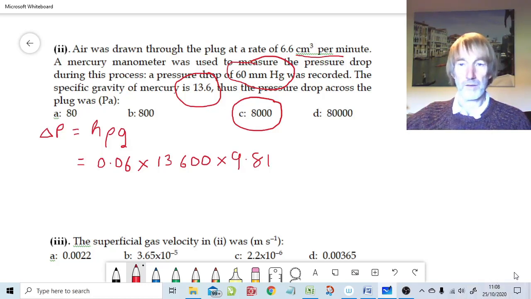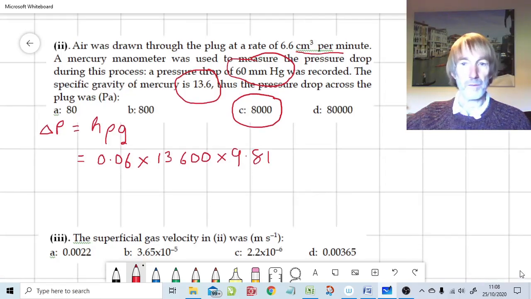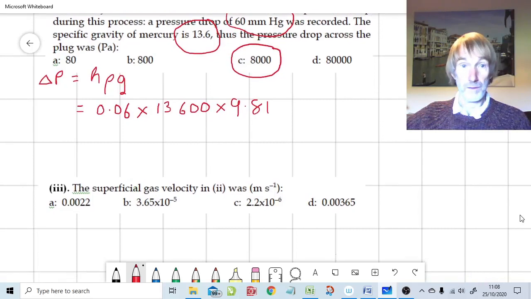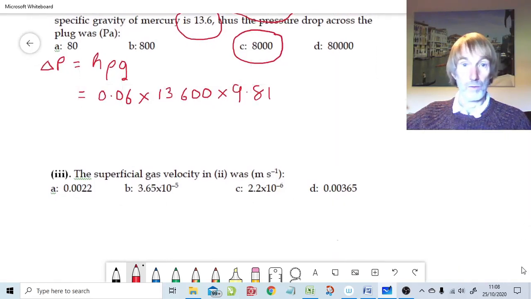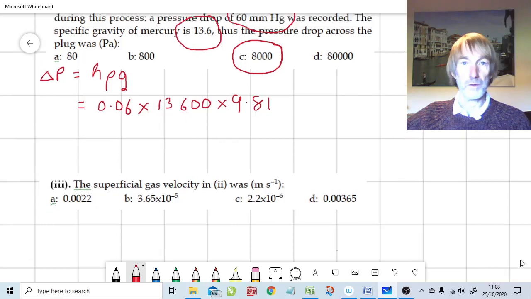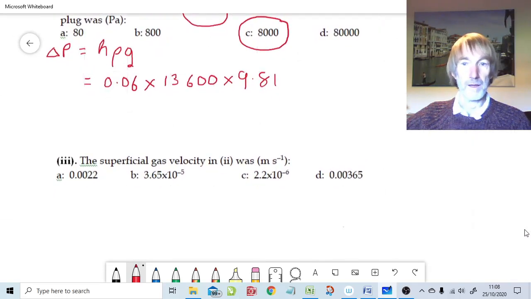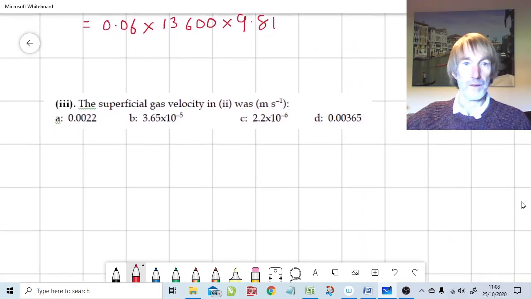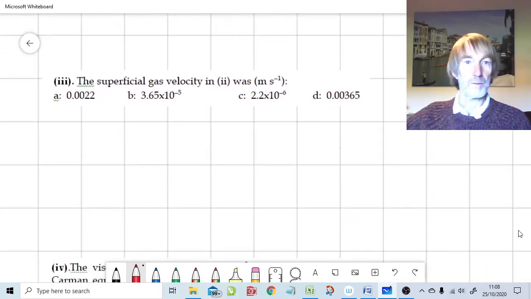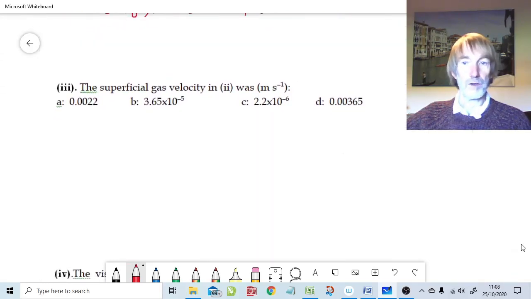So we know what the voidage of the bed is, or the porosity of the bed. We know what the pressure drop is. We know what the bed height is. We now need to calculate the superficial velocity, and that's really a conversion from 6.6 centimeters cubed per minute into SI units, and then from the volume flow rate into a velocity.